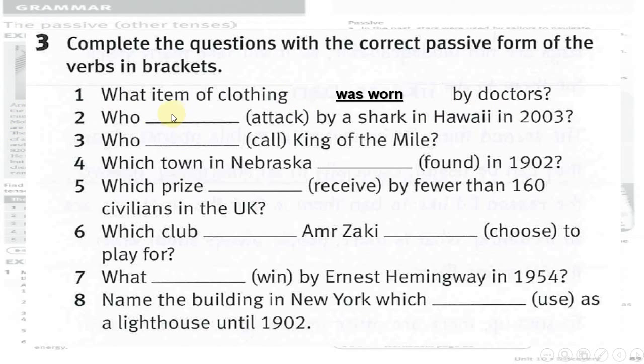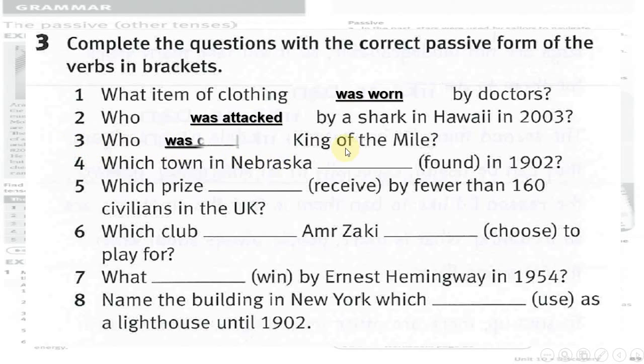Then unit 2, you remember: who was attacked by a shark in Hawaii in 2003? That lady who lost her arm, the girl who was swimming and lost her arm. So who was attacked. Of course you might search for the answer to these questions. This is like a revision tool for previous units, by the way.